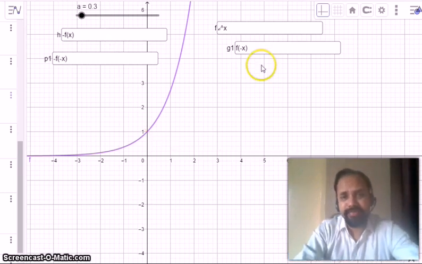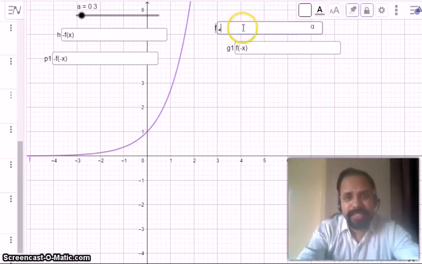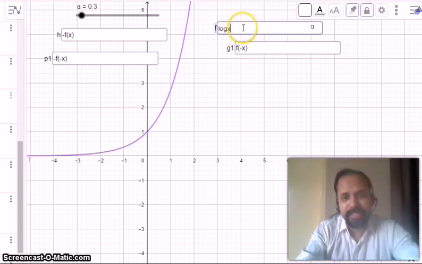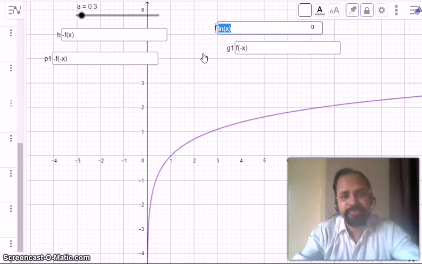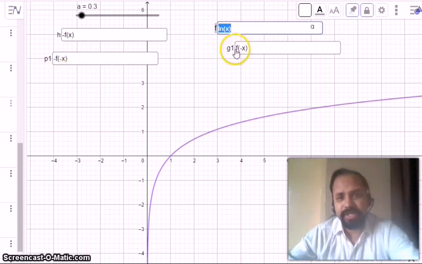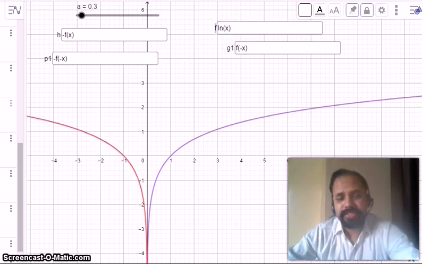You can change the graph. You can write any graph here. If we write log x, then also the same process will happen. Here we have log x, and if we want to draw the graph of log of minus x, then it will go to this one. Consider the y-axis as a plane mirror.